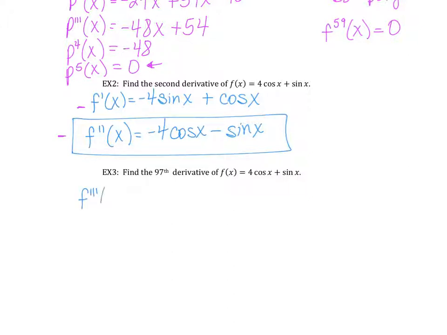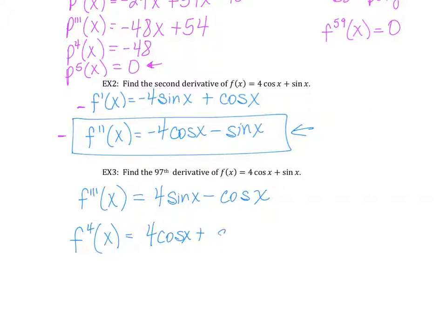I just have to find it. So let me keep going. Let's find the third derivative. That would be 4 sine of x minus cosine of x. So I just took the derivative of this one. Now let's find the fourth derivative. And that would be 4 cosine of x plus sine of x.